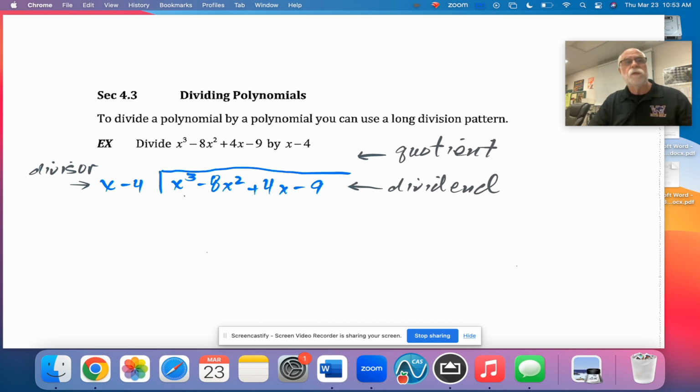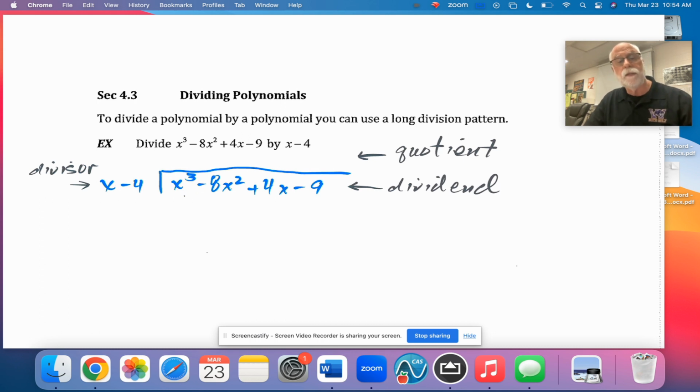All right. So remember, kind of what we did when we had numbers, we just said what number times x would give us x cubed, or in this case, it's a variable. So x times what would give us x cubed? And you should be able to tell me that would be x squared.